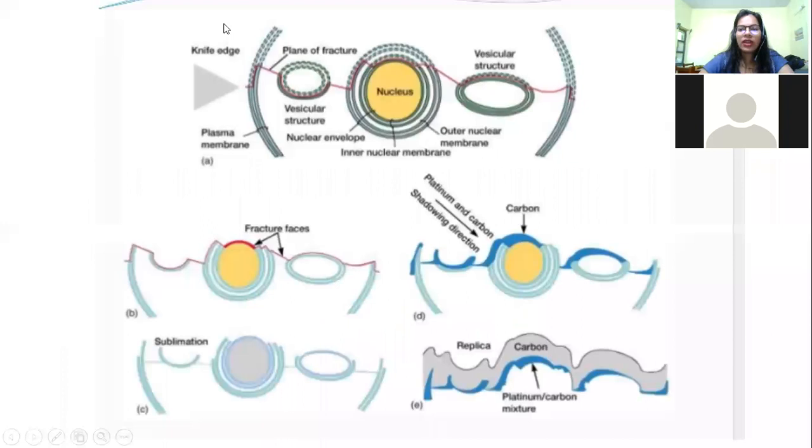If you see over here, let us say this is the entire cell, and this is the plasma membrane. Now what you have done is, you have frozen it.